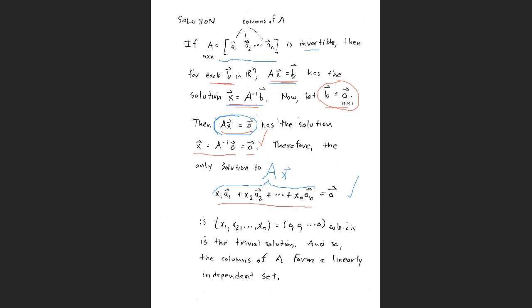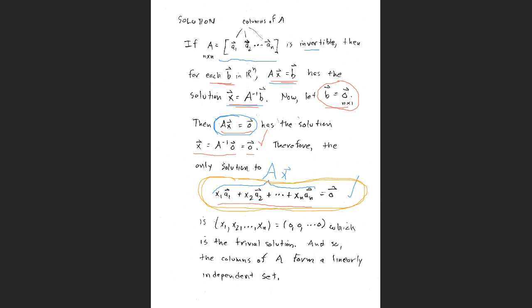Why do we want to do that? Well, we know that we want to get to linear independence of the columns of A. The columns of A form a linearly independent set.